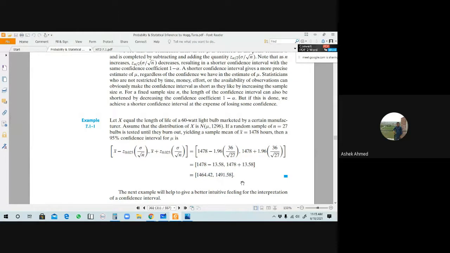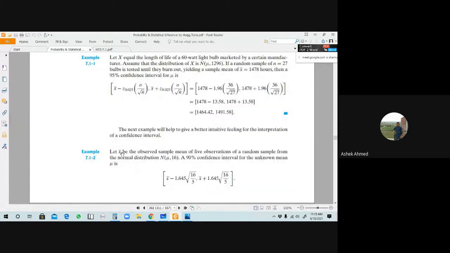And this is the result for this problem. In these topics, you have to find the confidence interval only, by applying all these conditions.